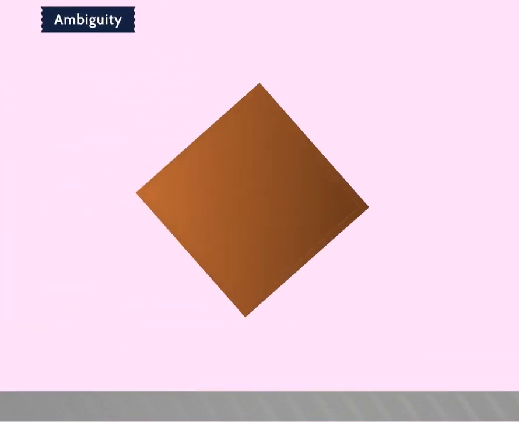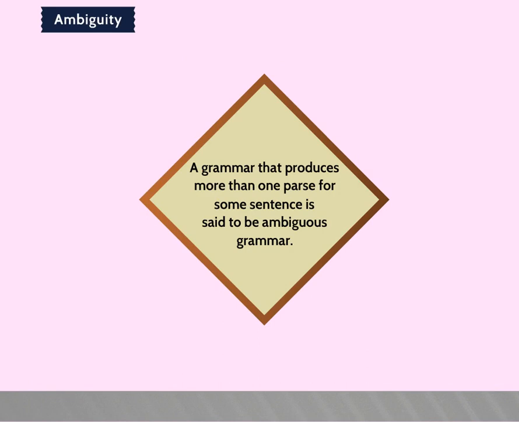Ambiguity. A grammar that produces more than one parse for some sentence is said to be an ambiguous grammar. Example: given grammar G, E produces E plus E, E into E, of E, minus E, ID.